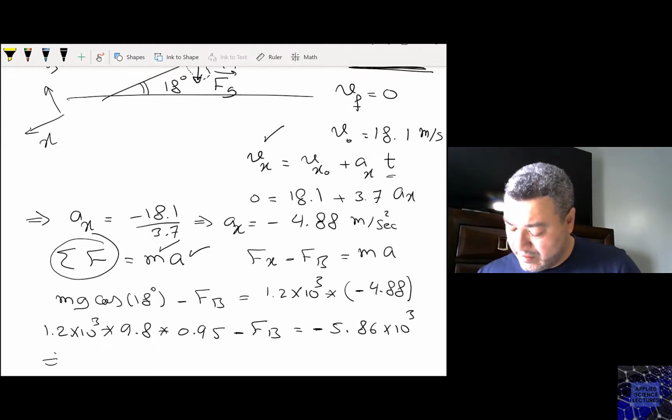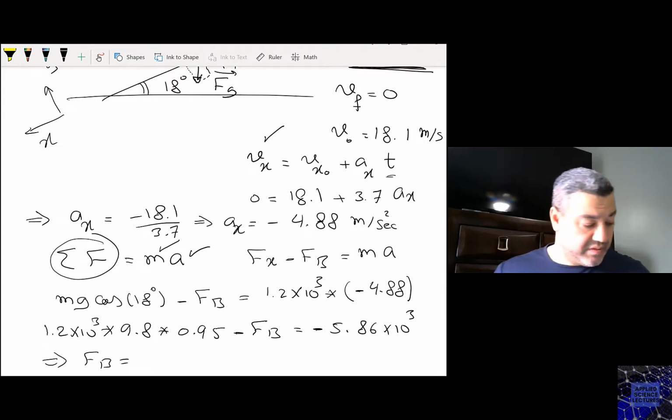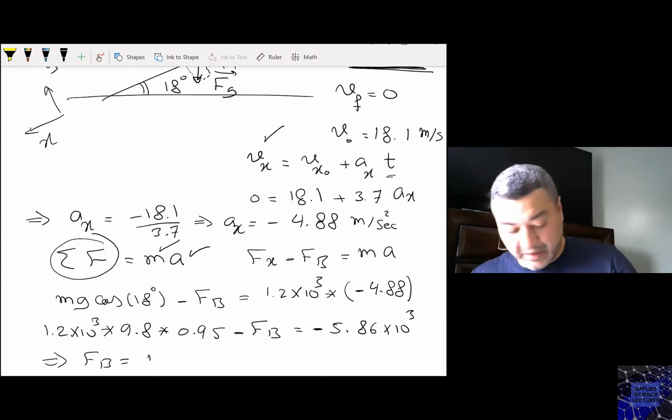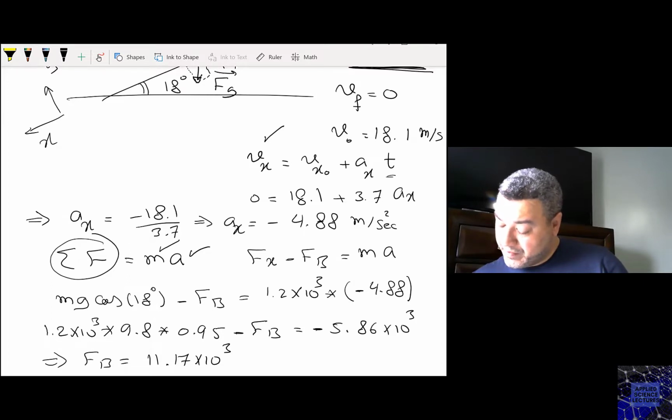Then Fb is 11.7 × 10^3 plus 5.86 × 10^3.